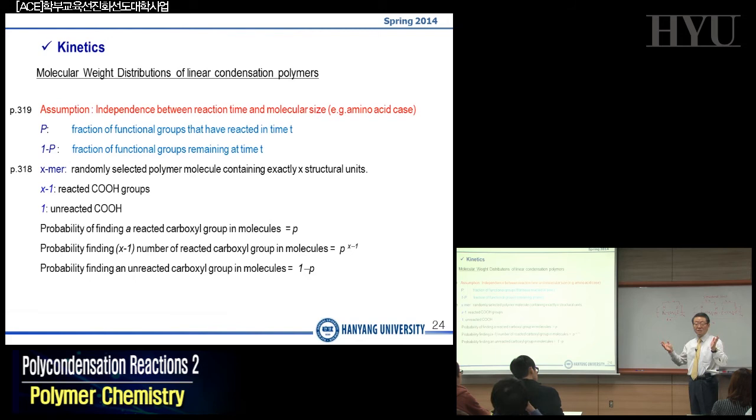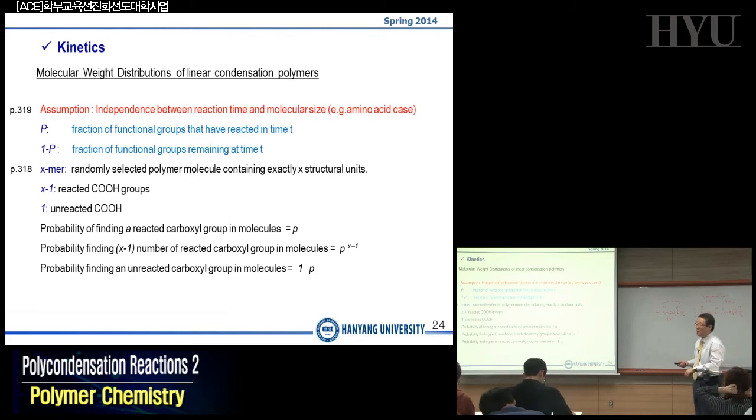So let's generally define this type of different molecular weight, different size, as an xmer. X could be 5 if it's a pentamer. X could be 2 in the case of a dimer. X could be 10, 20, 30, 50, stuff like that. So X could be any number. Those numbers represent how many repeating units you have.